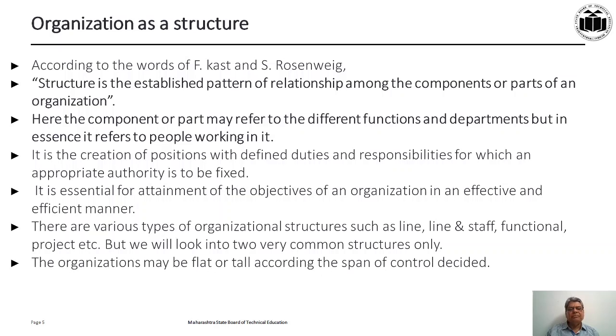Now, organization may be flat or tall according to the span of control. The span of control means the number of people working under one position. So, if a smaller number of people are working under a particular manager, then you have to create more levels in the organization, and such an organization is called a tall organization.